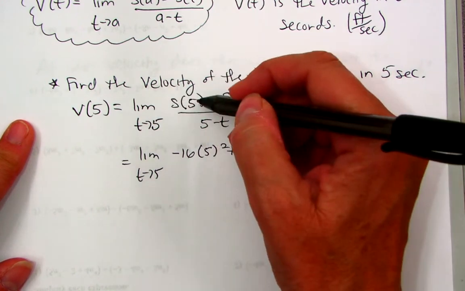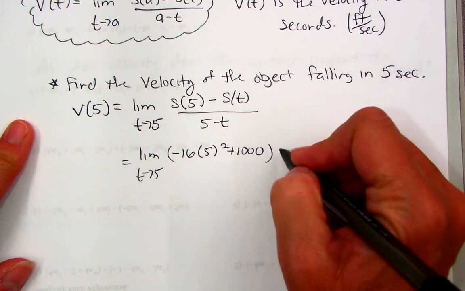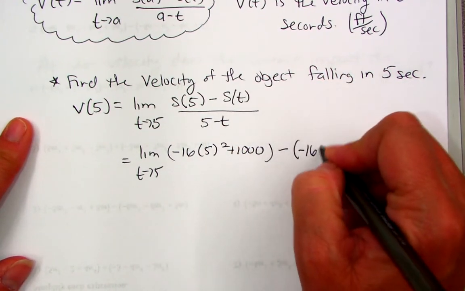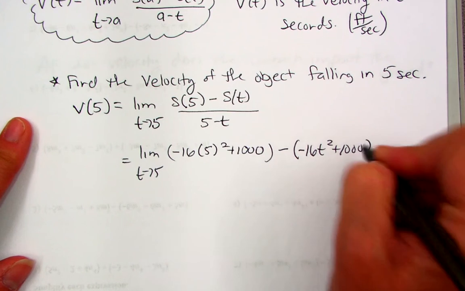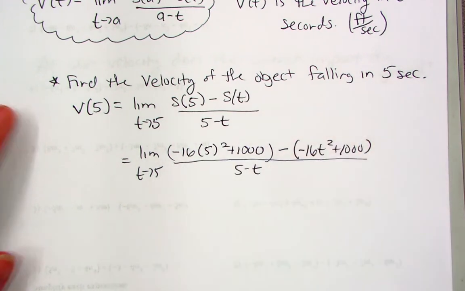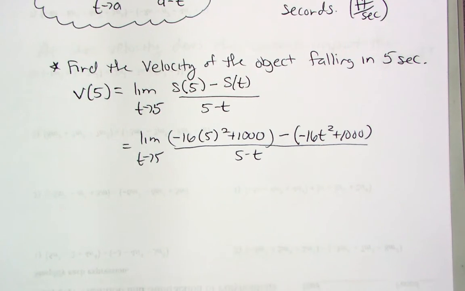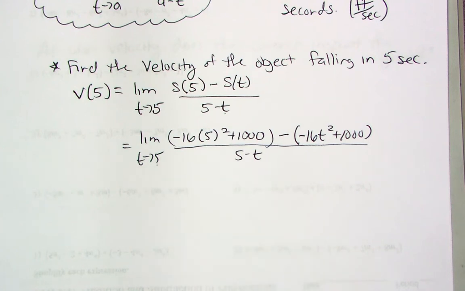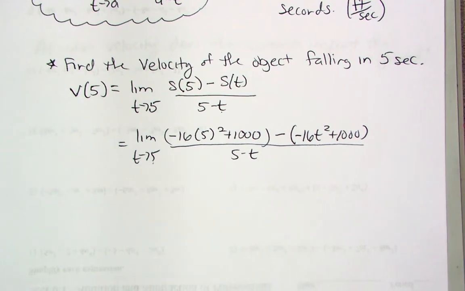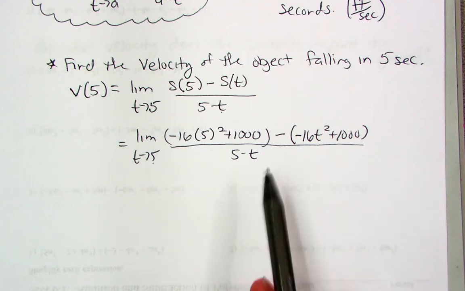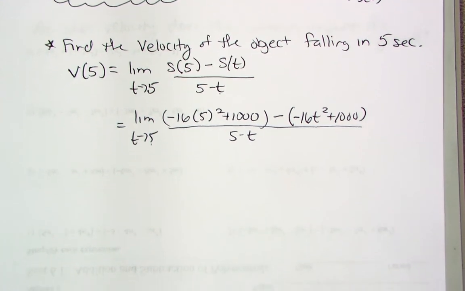Okay, so I just did S of 5, that's this one, minus the original function, still using the variable t, all over 5 minus t. And again, if you look through direct substitution, that denominator is going to end up being 0. So hopefully we're going to be able to find a factor of 5 minus t in the numerator in order to cancel that out as one of our algebraic techniques.